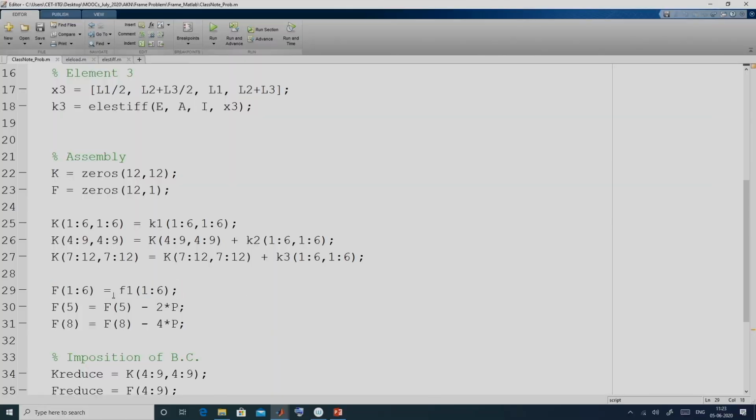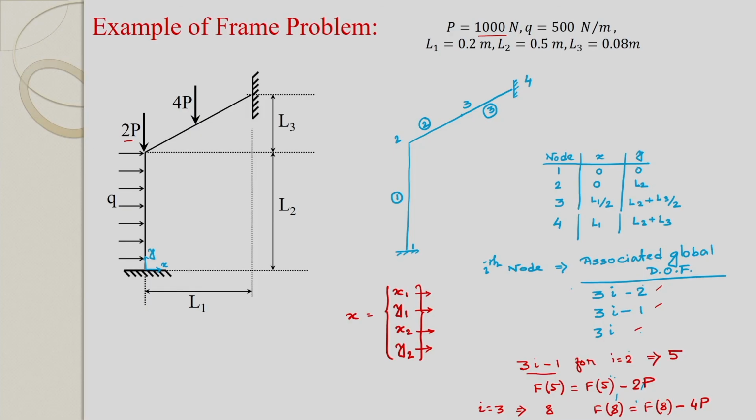Now, if we see the MATLAB implementation, in the 5th and 8th position, we add minus 2P and minus 4P. Now, we have to impose the boundary condition. So, here node 1 and node 4 are fixed.